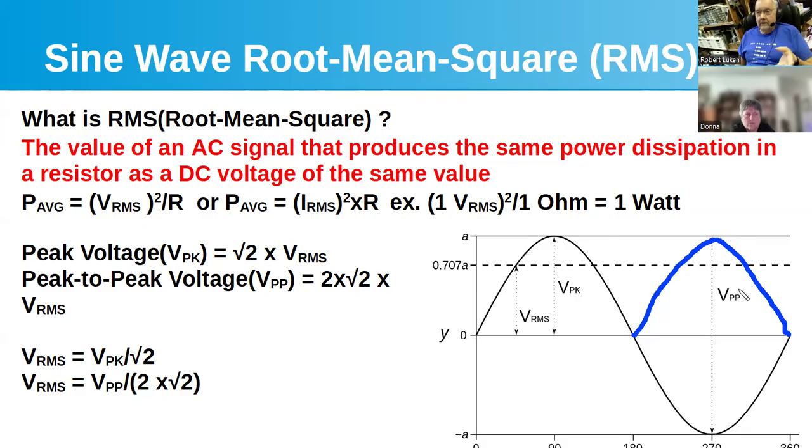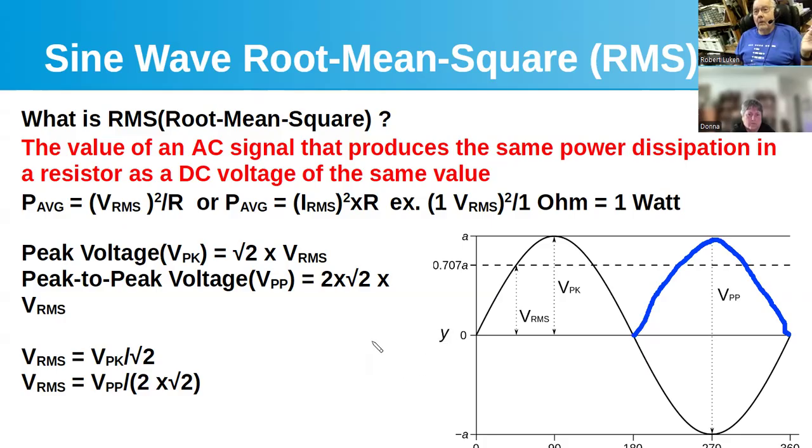Well, that's a nice number, but it's a square function. So if I take the square root of the mean of the squares, I get what's called RMS, or the effective average voltage or average power of that sine wave.